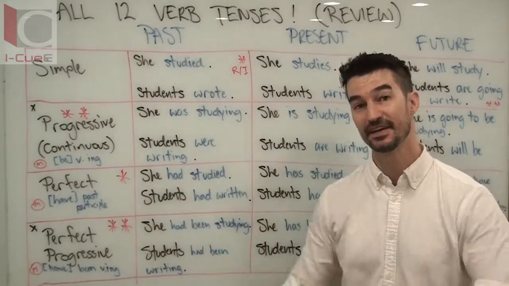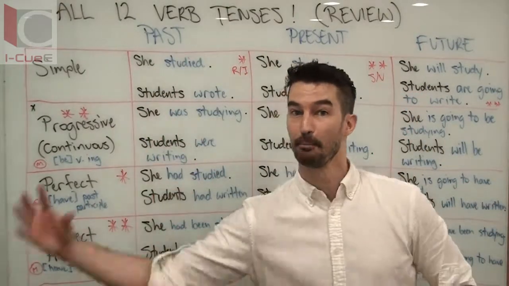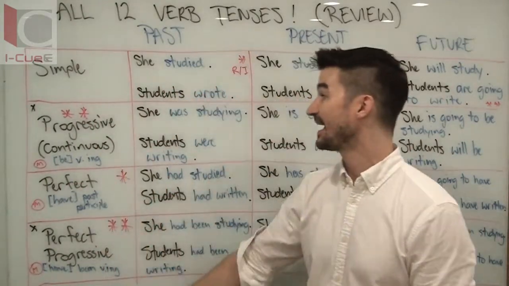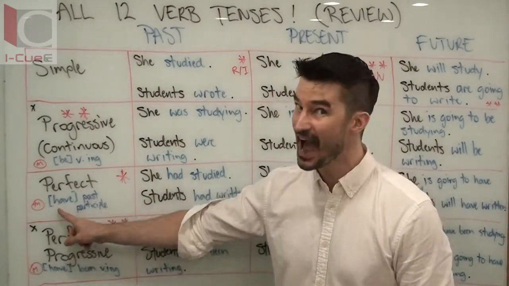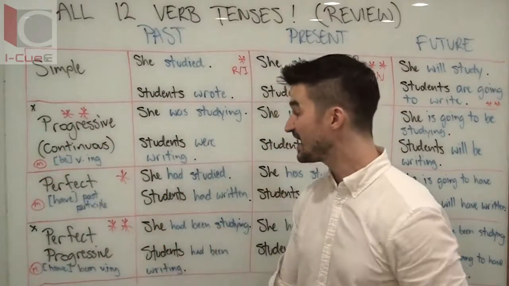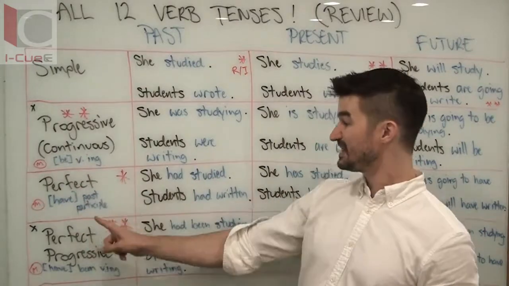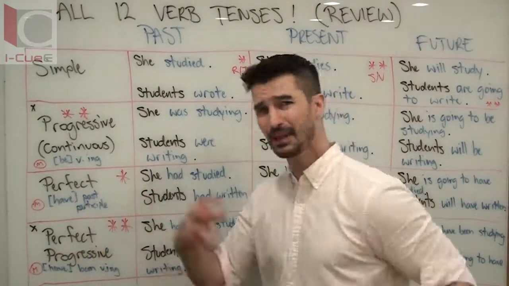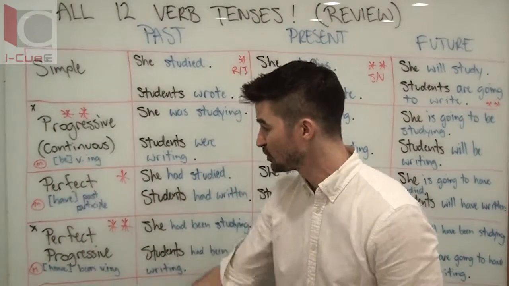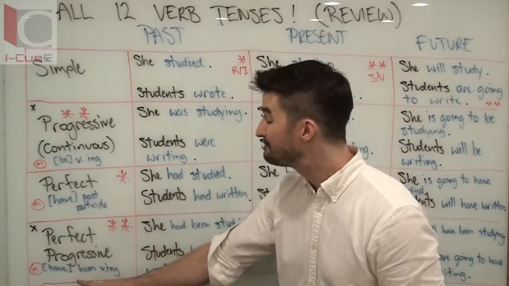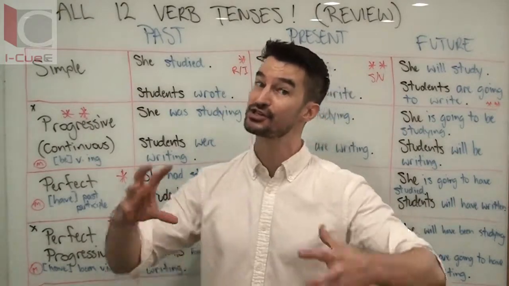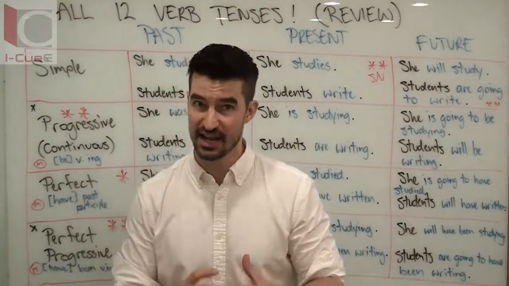Perfect progressive. Remember the order. All the rules apply. The perfect starts with have. The progressive uses be verb ing, but the be is always going to be the past participle because that's what follows have in the perfect construction. So you have been verb ing, and it's the have or the first word in the construction that's going to change.